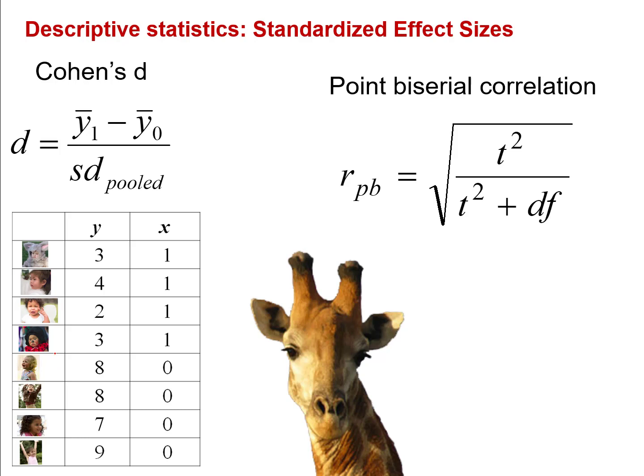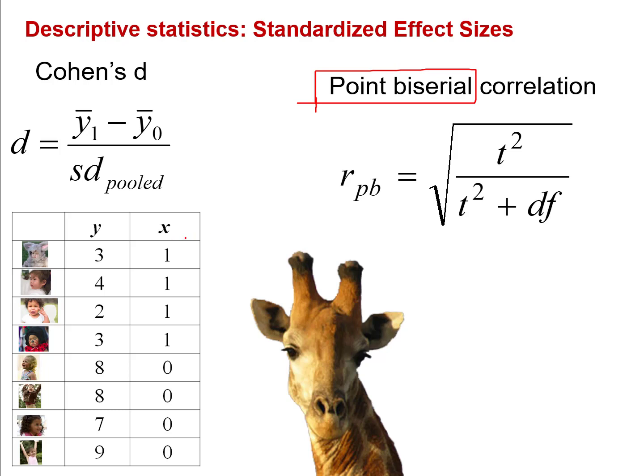And if we did calculate a correlation in this situation, we could give that correlation a special name. We could call it a point biserial correlation. A point biserial correlation doesn't mean anything different than a regular correlation. It's just a fancy name that we can use in any situation where one of our variables is dichotomous.